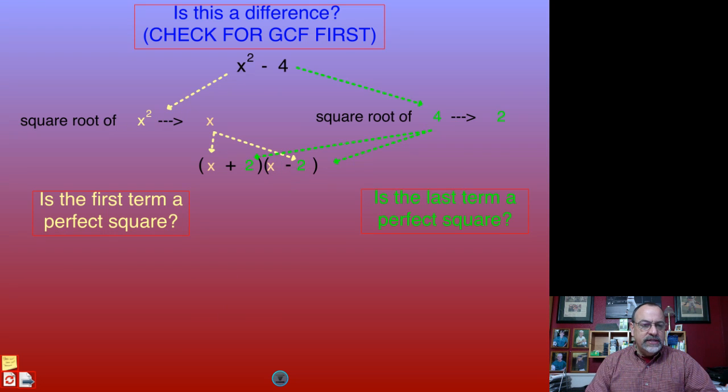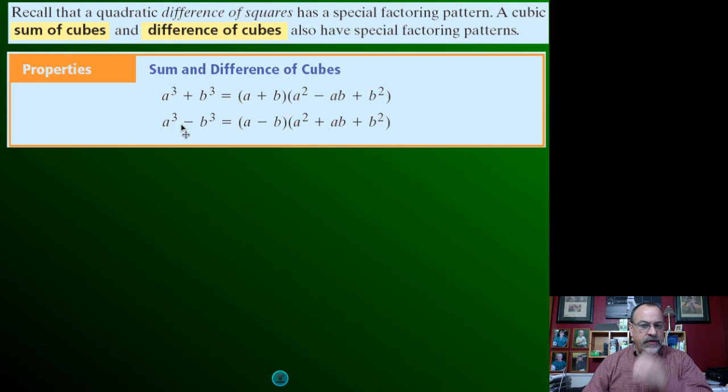Well, we can apply the same thing if we're looking at the sum or difference of perfect cubes. If we have a polynomial that is a perfect cube plus another perfect cube, or a perfect cube minus another perfect cube, it will always factor into these forms.